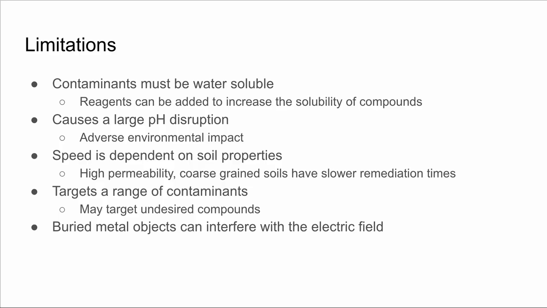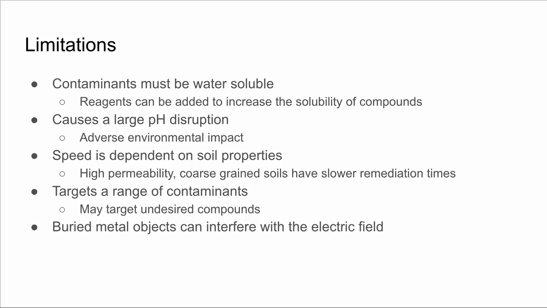Another limitation deals with just the speed of remediation. So if you have unideal soil properties, then it's going to take a longer amount of time to get that contamination out. So that would probably be a reason that would discourage you from choosing this remediation method. Another limitation is electrolytic remediation typically targets a large range of contaminants.